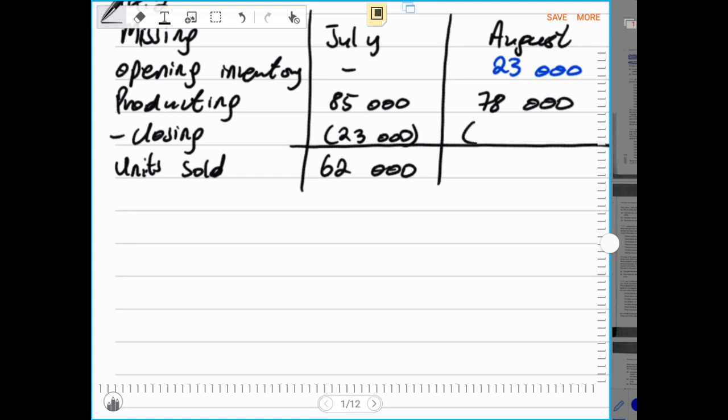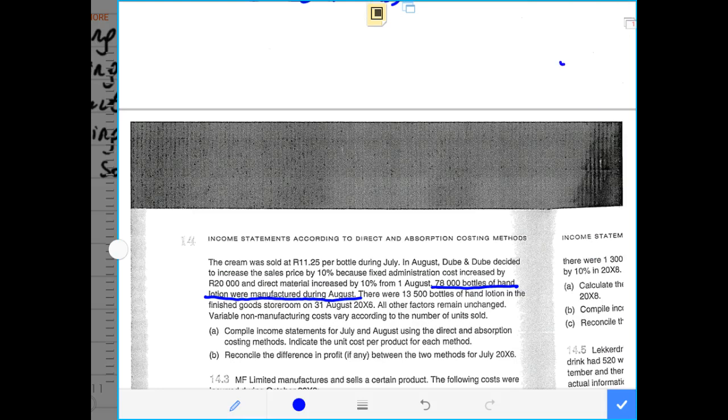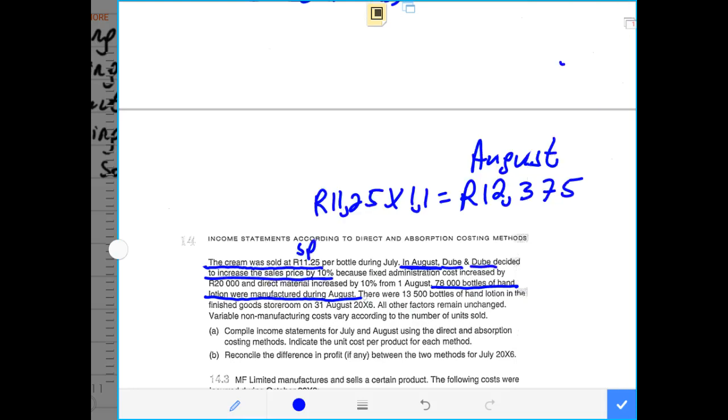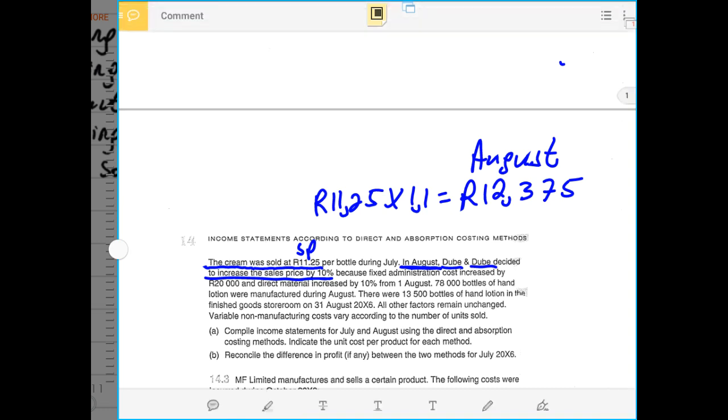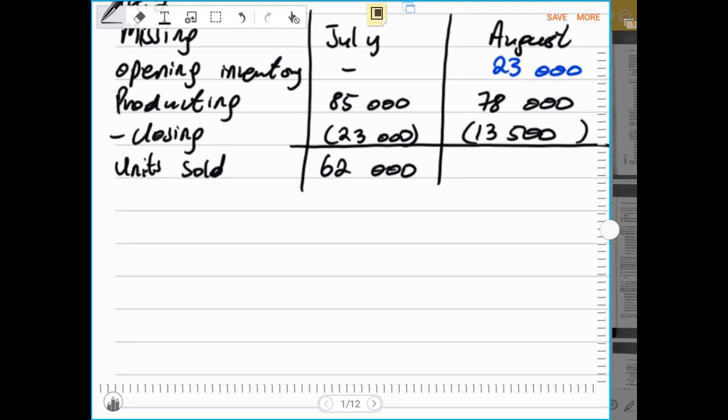Therefore now we have to check how much is our closing, and our closing, I think, was 13,500 units. They said there were 13,500 bottles on hand in the finished goods storage on the 31st of August 2006. That becomes the closing of August in the year 2006.